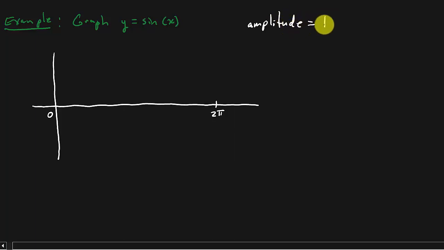What's the amplitude? The amplitude is the number in front of the trig function. That goes for sine and cosine. In this case, there's not a number there. It's understood to be 1. So my maximum and minimum value is going to be 1 and negative 1. That's easy so far.